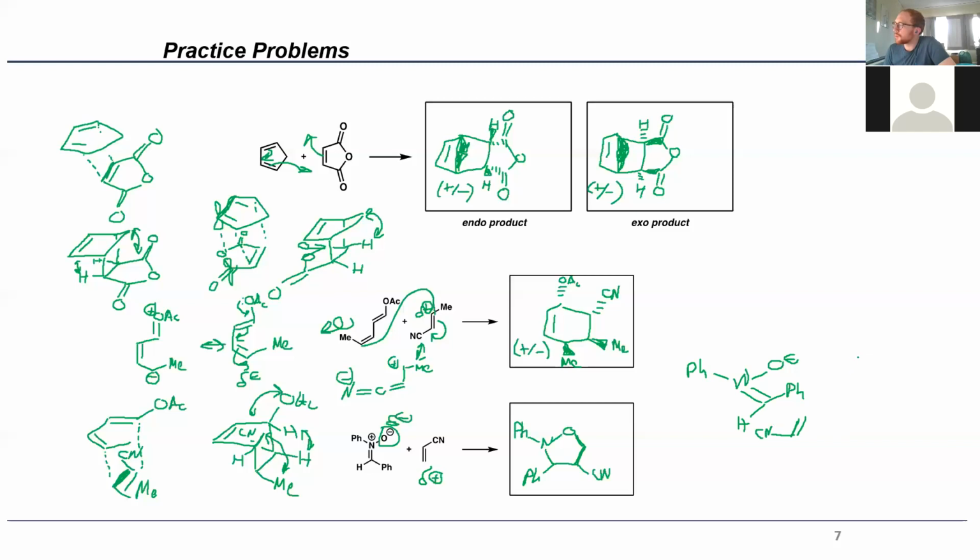And so the initial product right after cyclization will be this, and we see that the phenyl group is on the same side as hydrogen, and so the stereochemistry here is anti.